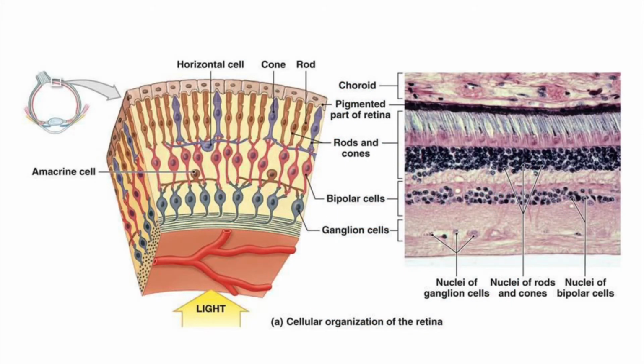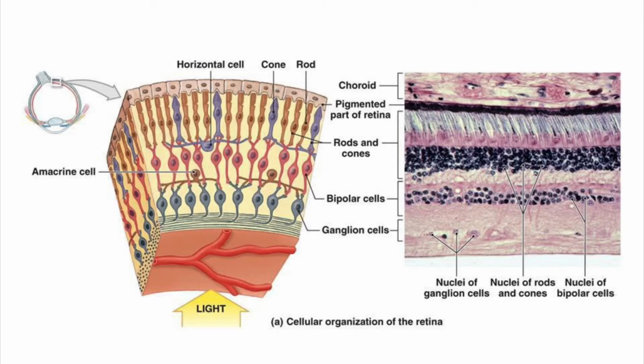Now that we've discussed how we focus images and how light gets filtered in and out, we can discuss how we translate those images into an electrical current. In this image, you can see a blown up section of your retina. The most important thing here are your rods and cones at the back of the retina.